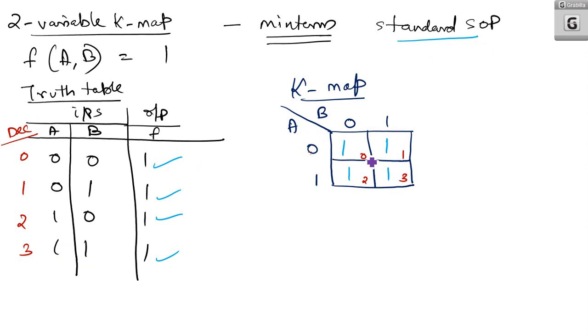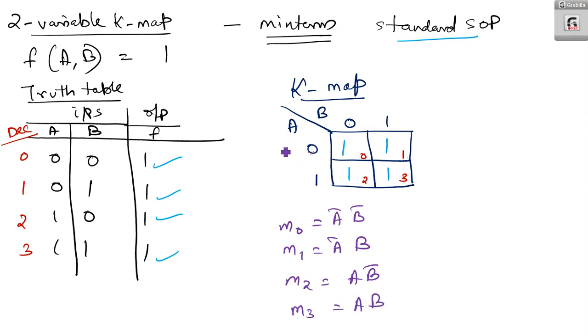Here I am having the term m0, which I can write as A bar B bar, because A is 0 and B is 0. m1, the value is 1, so I can write it as A bar B. m2 is A B bar. m3 is A B. So for 0 we write A bar, for 1 we write A, for 0 we write B bar, and for 1 we write B.